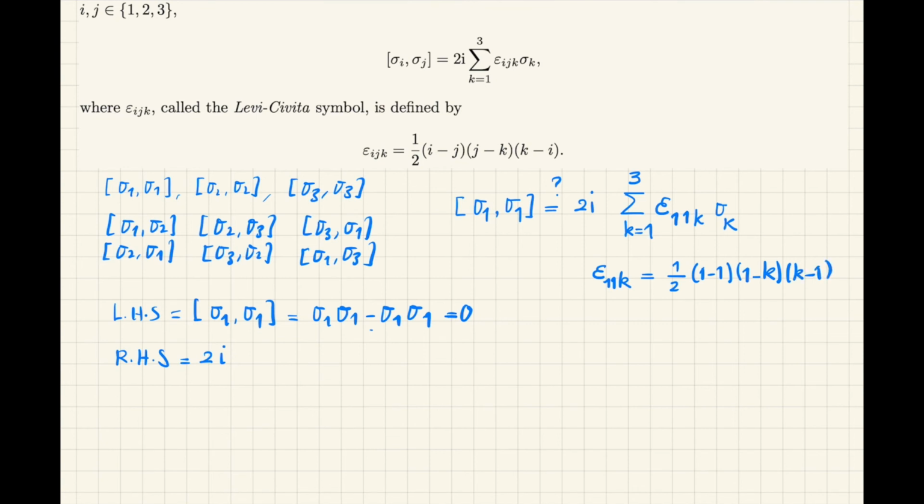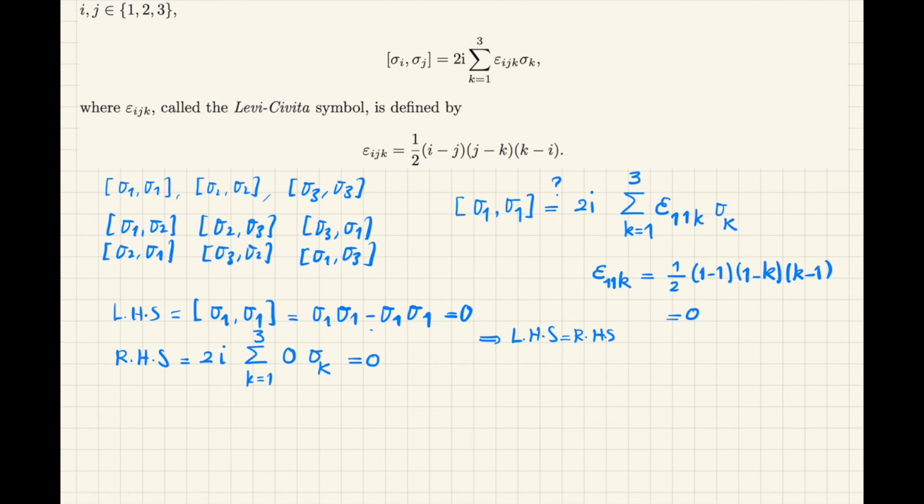But here actually I don't care what the value of k is, because 1 minus 1 is 0, so this epsilon 1, 1, k is always 0. So the right-hand side becomes also 2i times the sum over k from 1 to 3 of 0 all the time, times sigma k, which also is equal to 0. So this means that the left-hand side is actually equal to the right-hand side. Immediately you can convince yourself for this one and for that one.